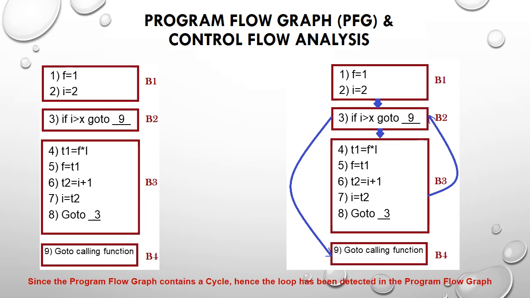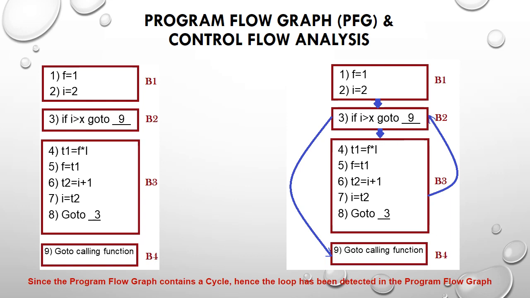So here from the B1 block we can switch to the B2 block unconditionally. After statement number 2, statement number 3 will be executed. So we are looking at the left hand side statements, and then we are assigning the arrows for the program flow graph. From B1 we can go to B2 directly without checking any condition.